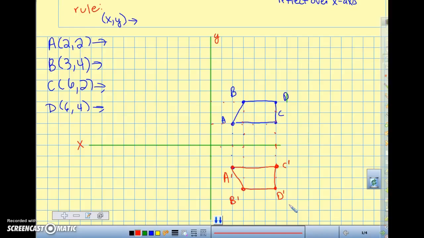All right, we're going to list our new ordered pairs by looking at our graph. So A started out as (2, 2). Now A prime, its image point, is now at (2, -2). So we're just going to list that.